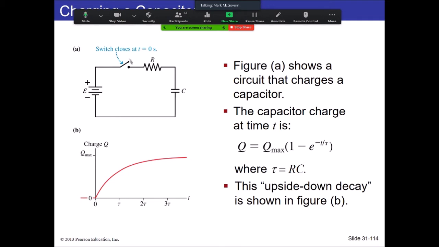when we are dealing with charging, as you might suspect, this is going to have an exponential relationship as well, but it's what we refer to as an upside down decay. So we're taking our exponential function, flipping it across the time axis, and shifting it up 1.